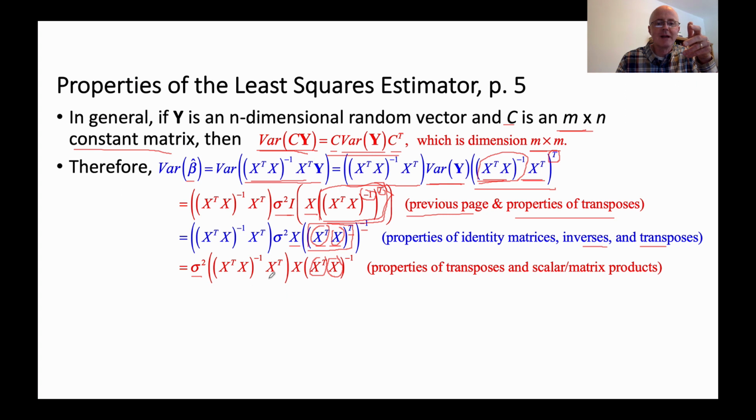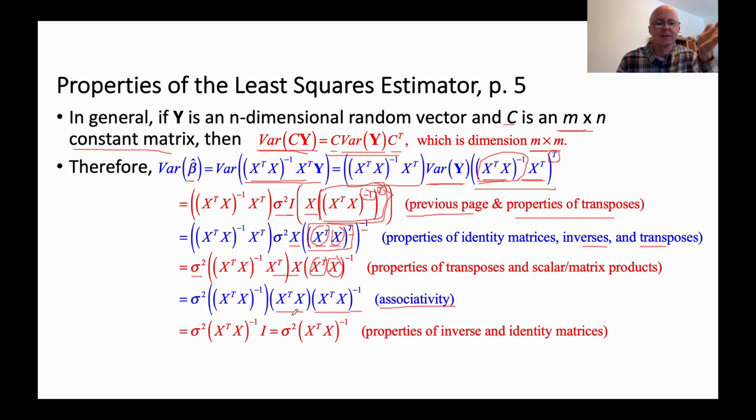Well, I see x transpose x, quantity inverse. I also see an x transpose times x there. I should use associativity as a step sometimes people don't bother showing to say I've got this times this, including the inverse sign. These cancel to give you an identity matrix like this. And we get a final simplification to this.